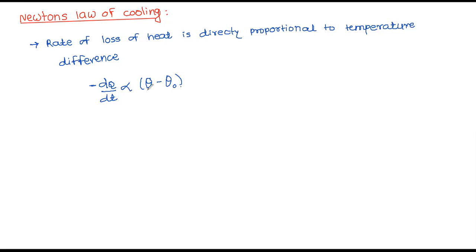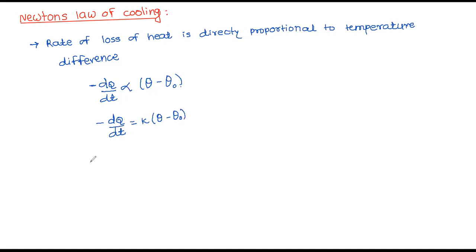Now, what is this theta and what is theta naught? Before that, what I am doing? Minus dQ by dt, and I am adding one proportionality constant, let us suppose small k, into theta minus theta naught.